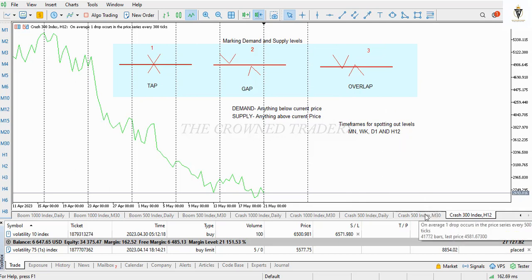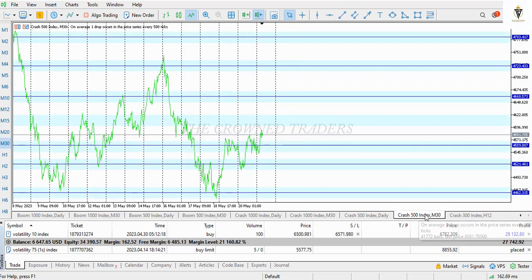Now, the first example I have here, I've already spotted that level and drawn out my demand and supply, but it wouldn't be bad for us to still go ahead and work with our new level. Okay, so let's see.